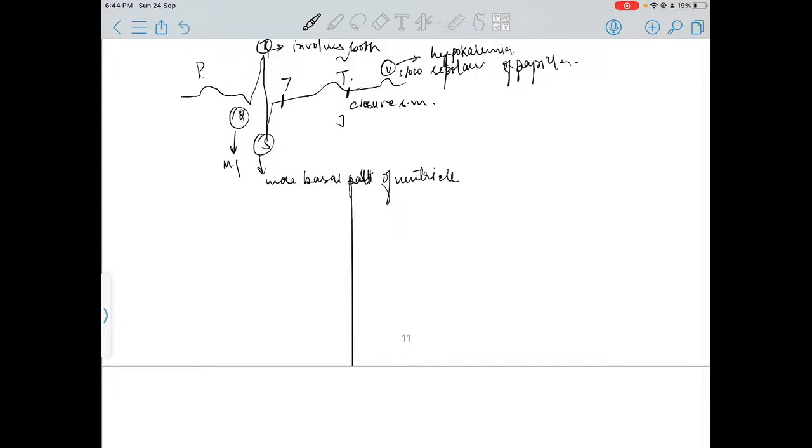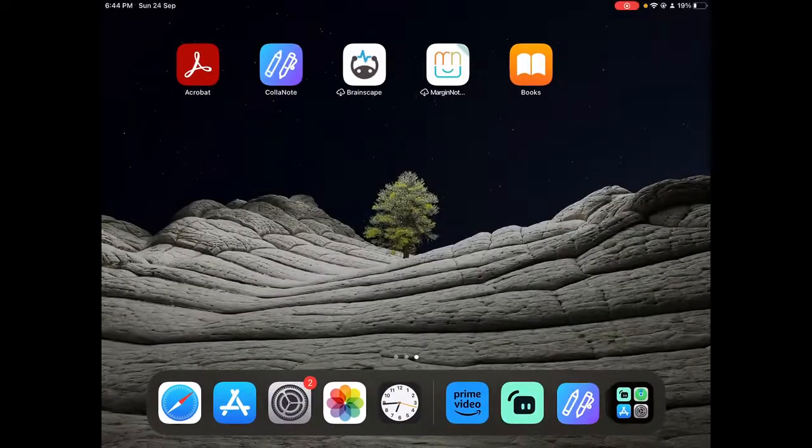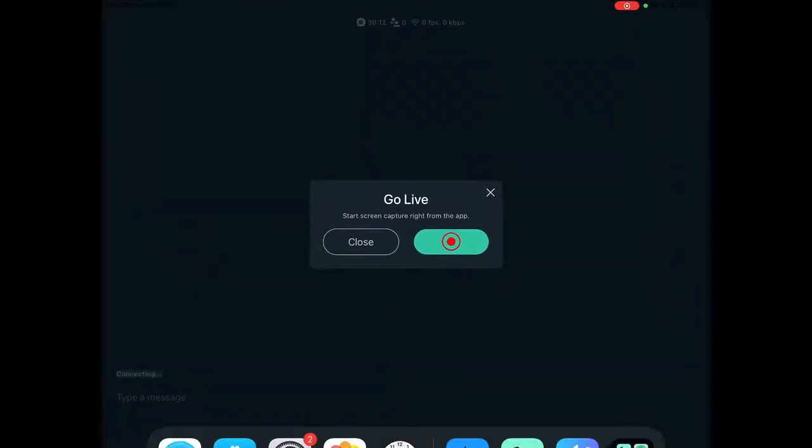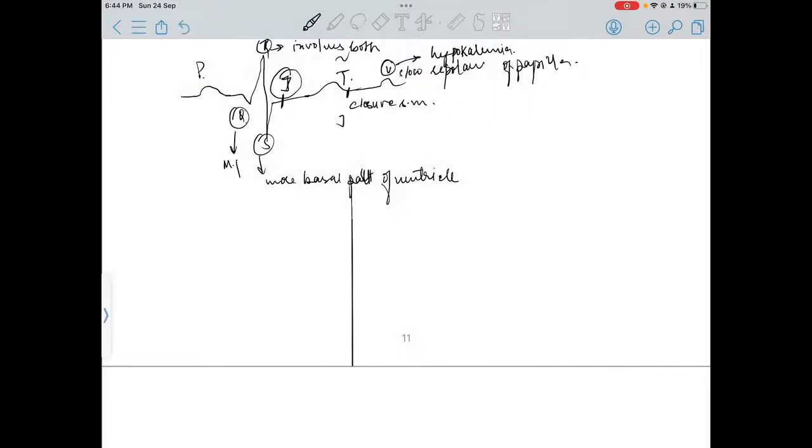J at the end of the S, also known as Osborne wave. At 30 degrees Celsius, a prominent J wave can be seen.